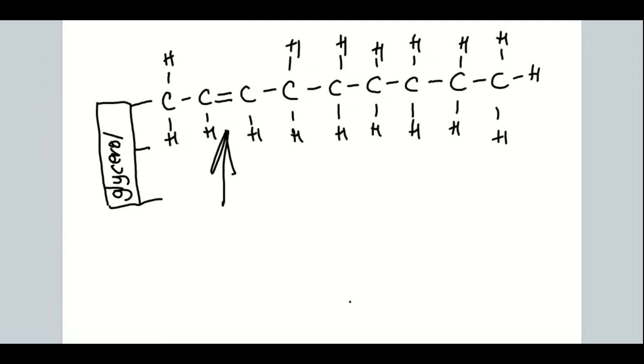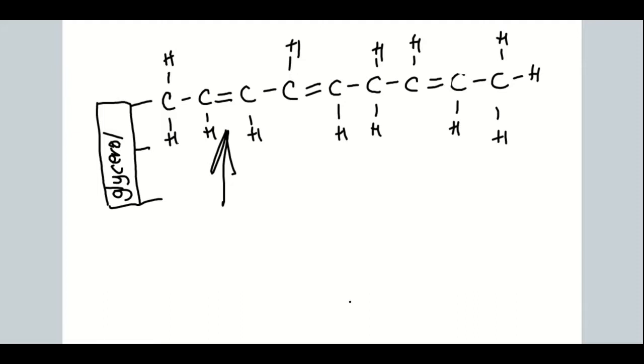Okay, so this is an unsaturated or monounsaturated fatty acid. It has 1 double bond in that fatty acid chain. But sometimes there's not just 1, there might be 2 double bonds. If that happens, then some more hydrogens are lost and more bends are happening in these molecules.